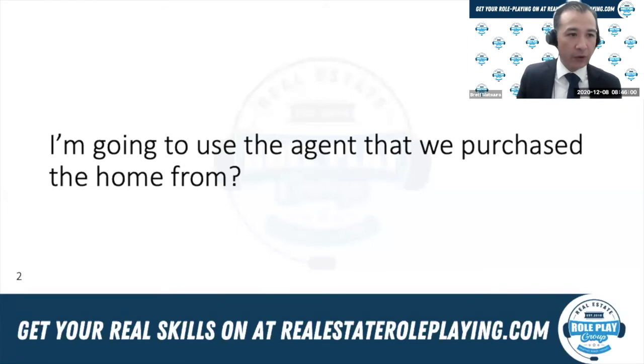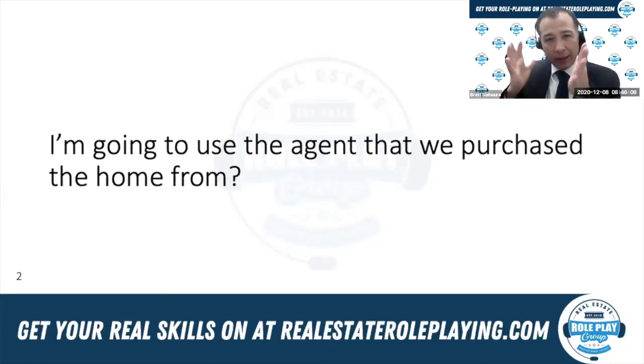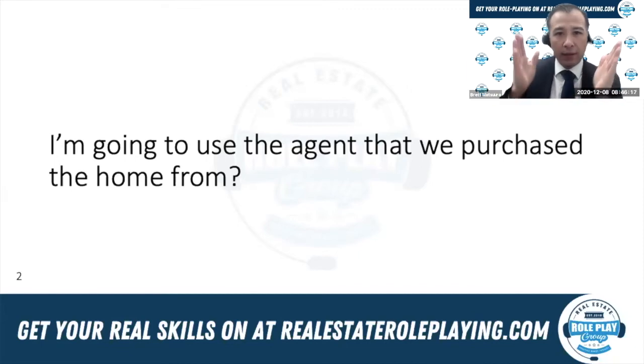Is that true for you? See, it went from we just want to work with the person we bought the home from, and now you've shifted the conversation into not just working with someone who they know and trust, but somebody who has the credentials to get their home sold for the most money in the quickest amount of time, which in my experience is probably the most important thing that people want when they're selling their home.